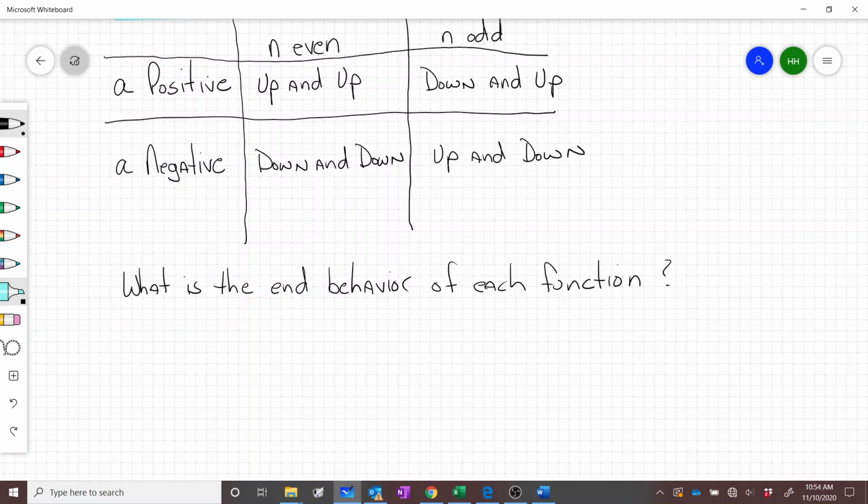Alright, so if we take y equals 4x to the third minus 3x, we're looking at our a first, and in this case our a is positive, but our exponent is odd. So here's positive and odd. So the end behavior is down and up. Okay?